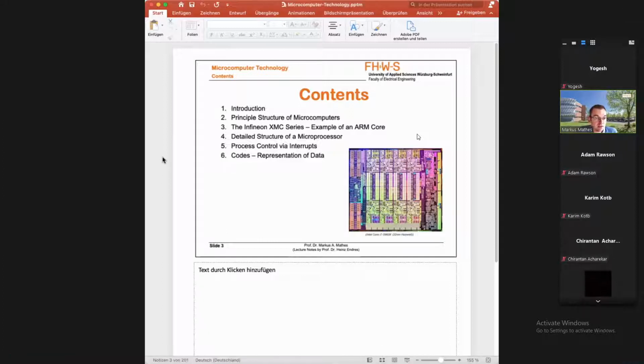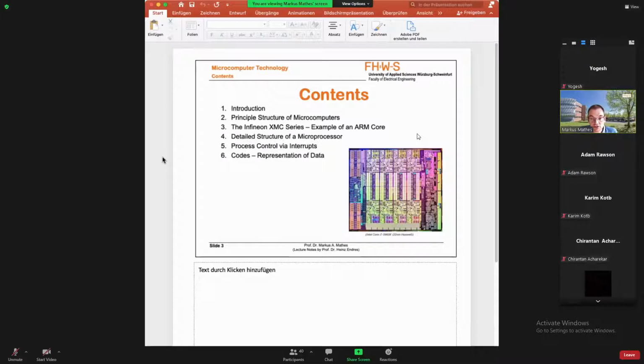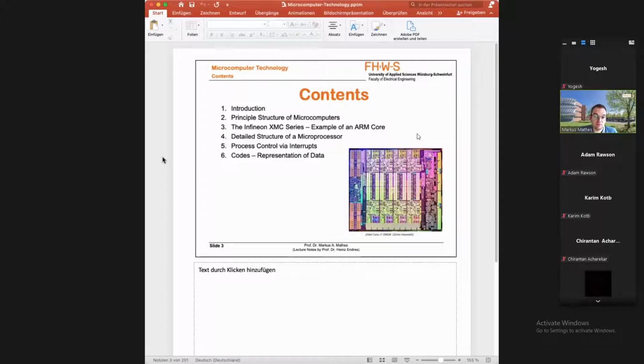Because the overall system layout, the overall structure is the same for all of these components. There's one small exception if you have very specialized hardware for a very specialized use case. Then maybe there is another construction approach, but we will also cover the different approaches in chapter 2.